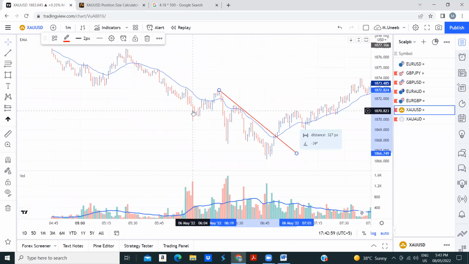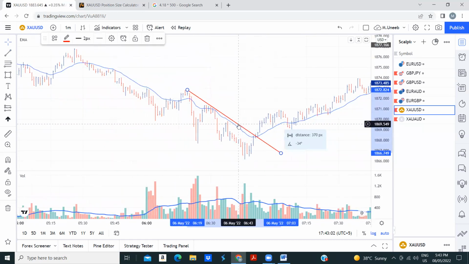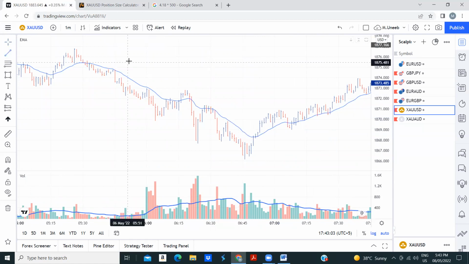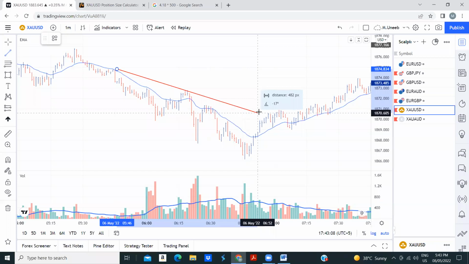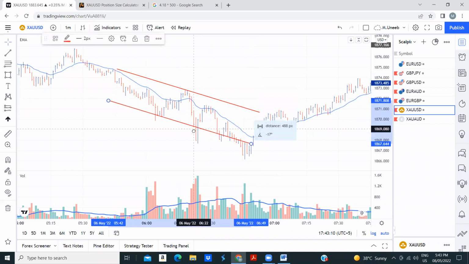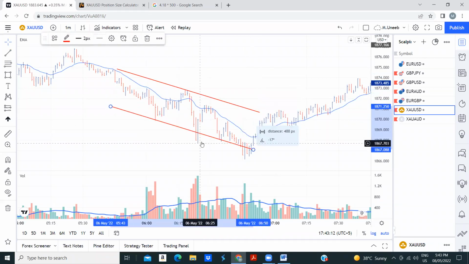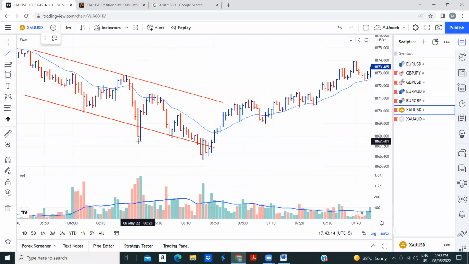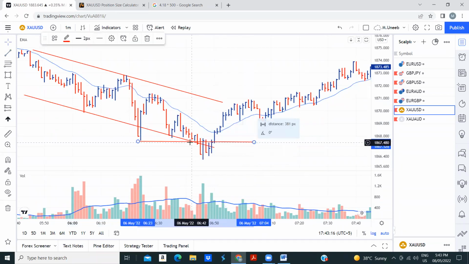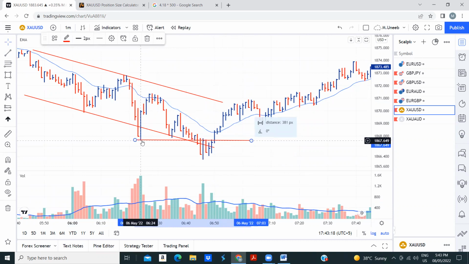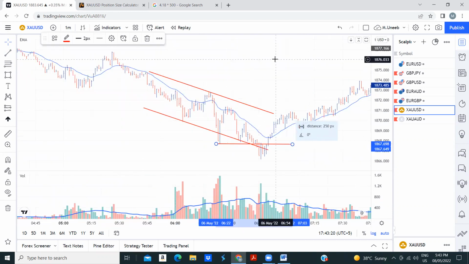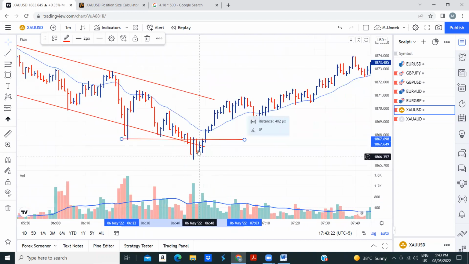If we draw the channel, we know this is oversold, and after oversold we can draw another line. So with the Wyckoff channel, we can easily identify whether it's oversold or overbought. We don't have to remember the names of the chart patterns.